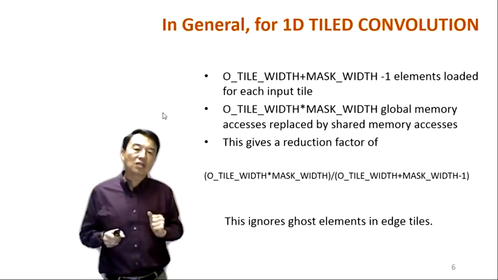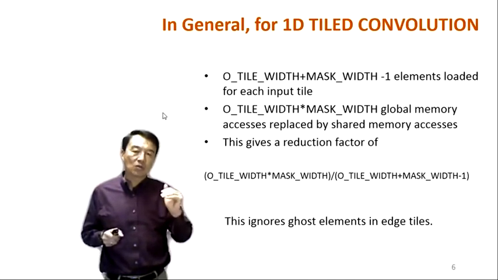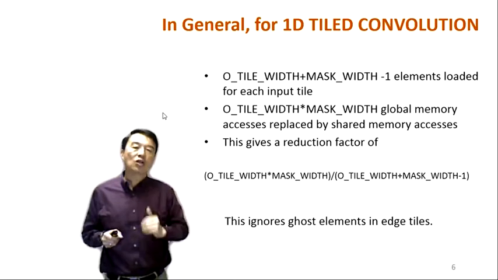On the other hand, if we really wanted to, I leave it as a homework for you to calculate the actual savings for those tiles that are at the edge of the images.